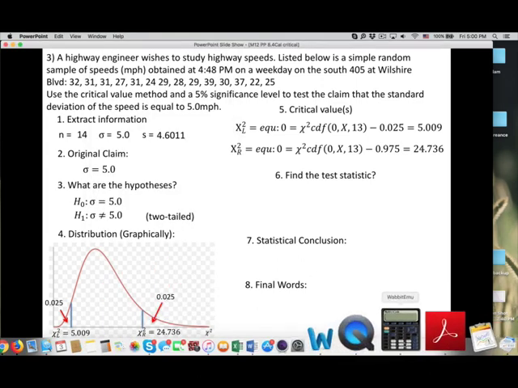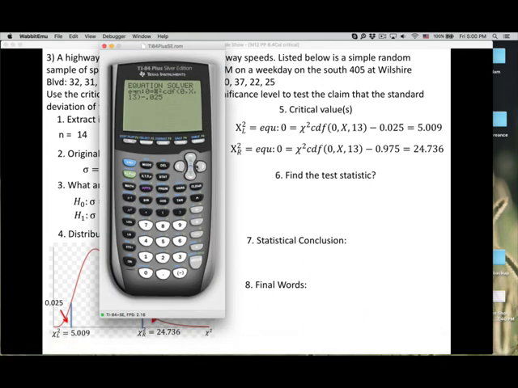The only thing I need to change, that will be the area to the left. Okay, because we want to figure out from 0 to the x. This time will be this guy, the chi-square to the right here. Degree of freedom is going to be the same thing.